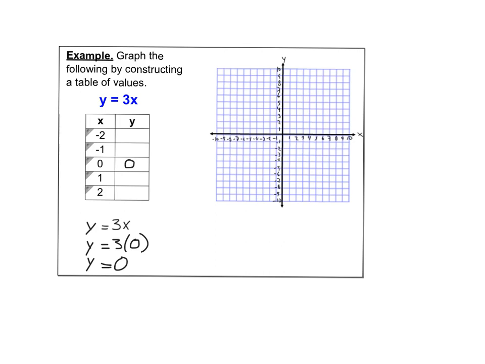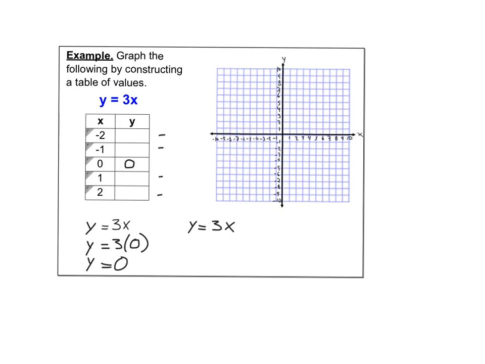I'm going to do this again for each and every single y value. So we have a total of 5 y values. I've already done one. I'm going to do the next one. It doesn't matter what order you do them in, but the next one I'm going to do is when x is equal to 2. So I'm going to rewrite the equation again, so 3x.